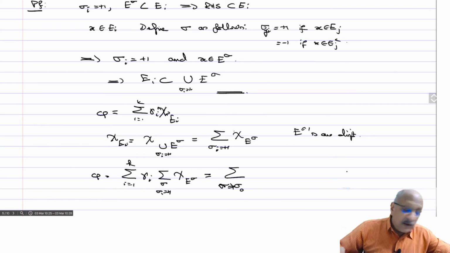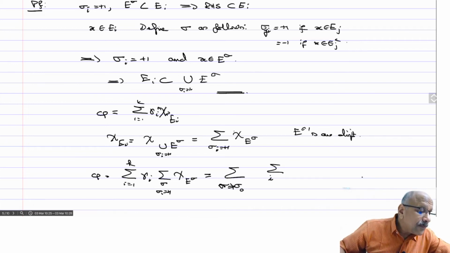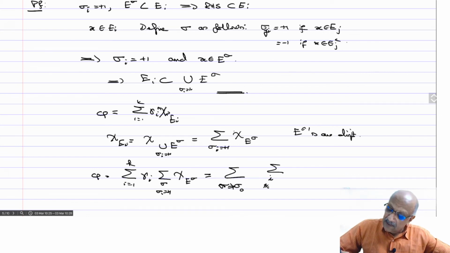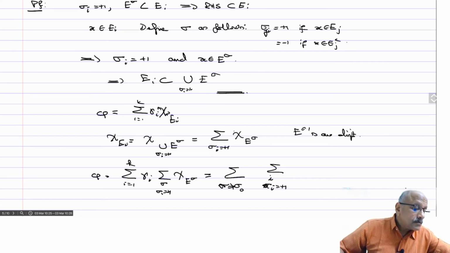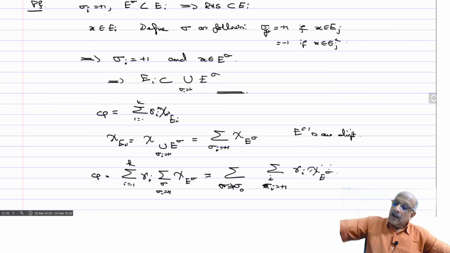Then it is the sum over sigma, and the sum over all i such that sigma_i equal to plus 1, of gamma_i chi of E_sigma.